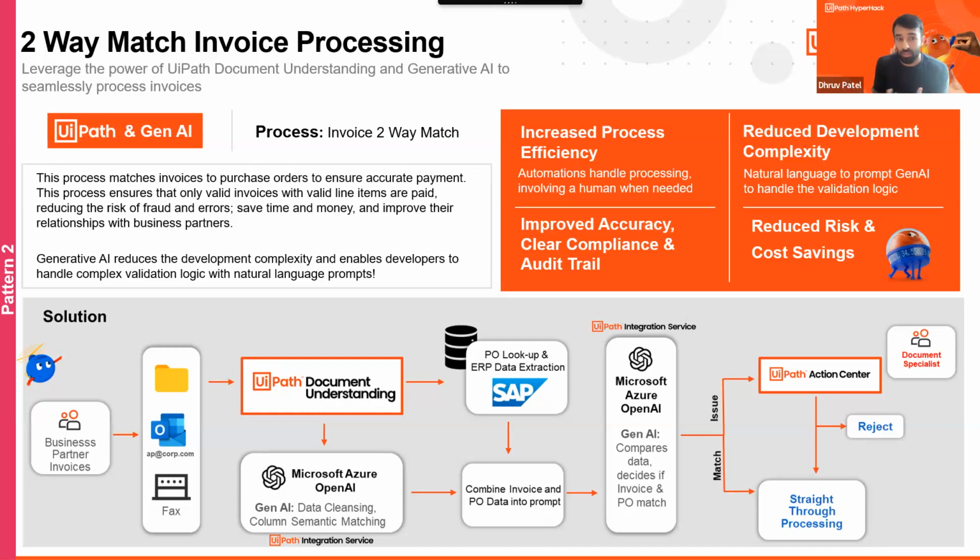Today we have automations that are built with two-way matches. You can build it, but the key is you have to build in a lot of the logic, a lot of the understanding of the extracted data coming from an invoice. You have to build in the logic to handle, once that data is extracted from document understanding, how we compare it with the data in our ERP system. And then ultimately the hard-defined rules we put in place to make a decision downstream on whether there is a match or not.